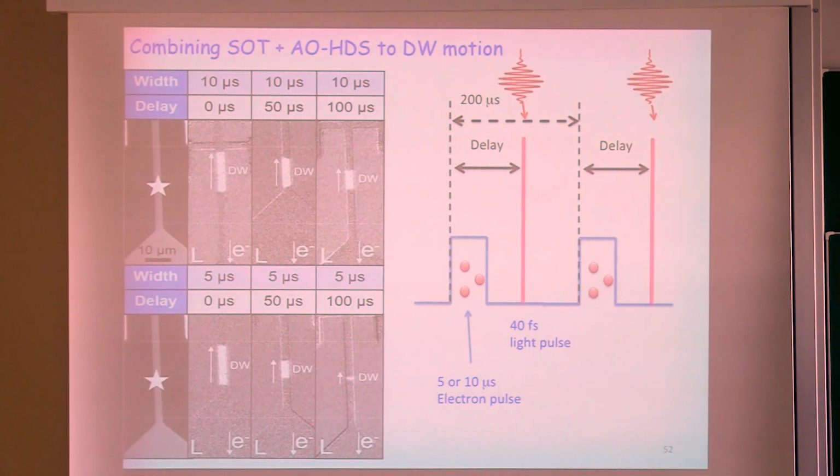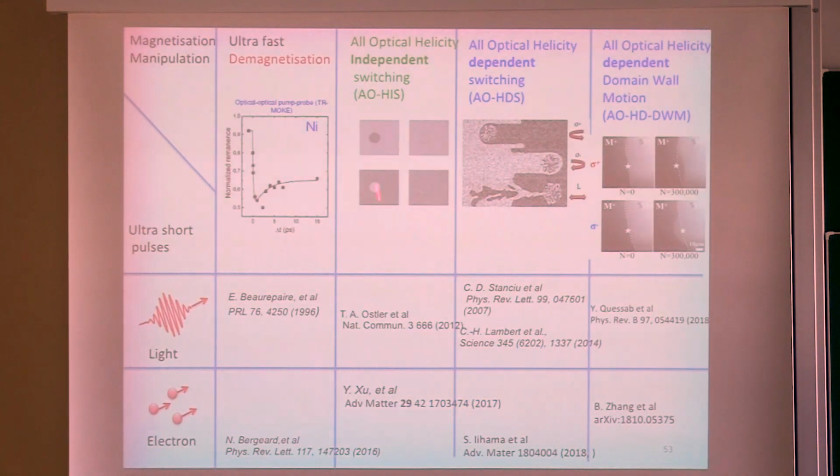So finally, I think we were able to fill this shot, so we're done. We can see that we did observe this all-optical helicity-independent switching for light pulse and electron pulse.